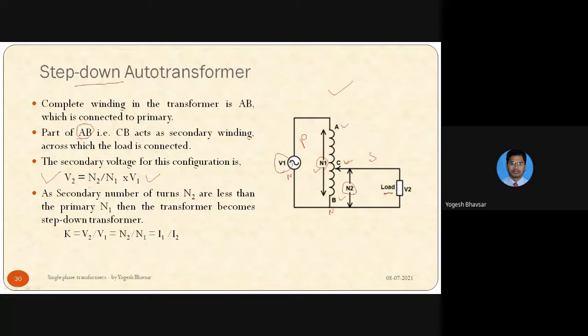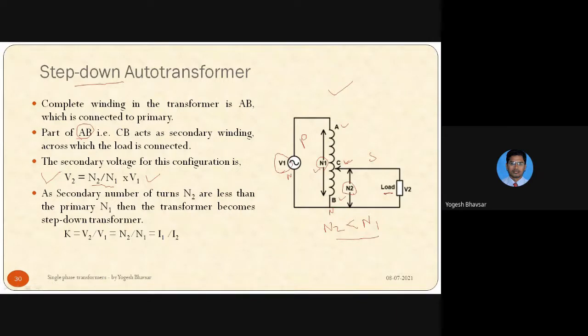This is how we can get the secondary terminal voltage when we know the primary voltage and number of turns. By this observation, the secondary number of turns is less than the primary number of turns. That means this is a step down auto transformer.